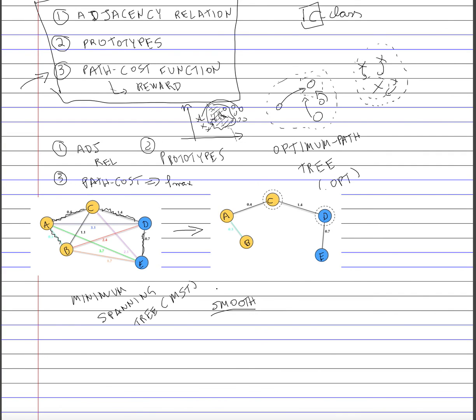So basically, after choosing the adjacency relation, the prototypes, and the path cost function, we are going to need to run the OPF algorithm, right?